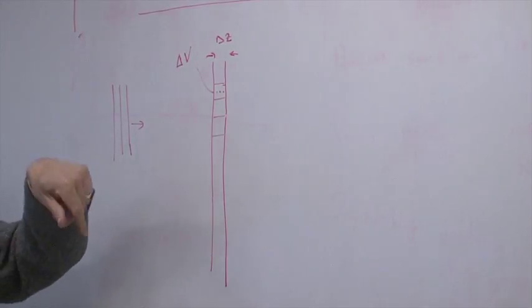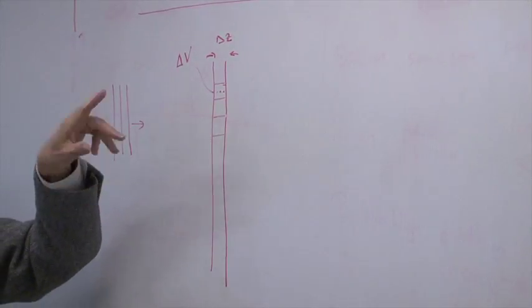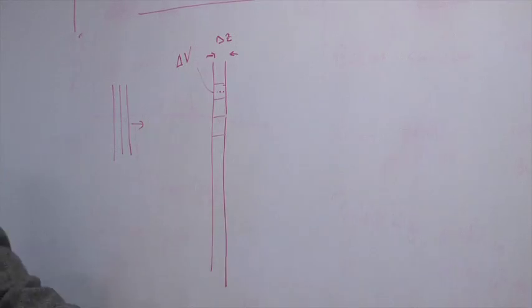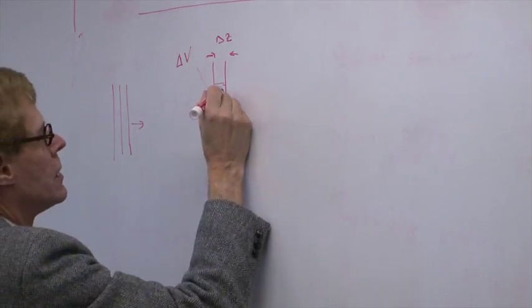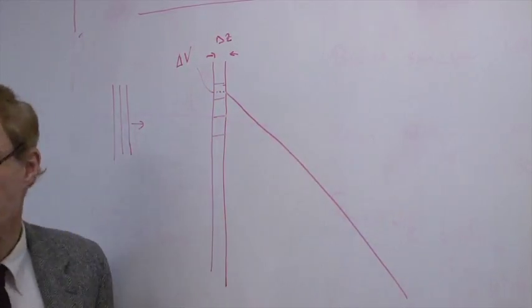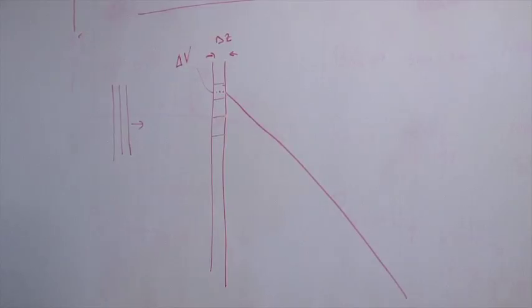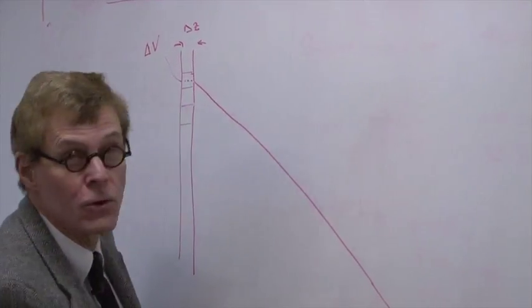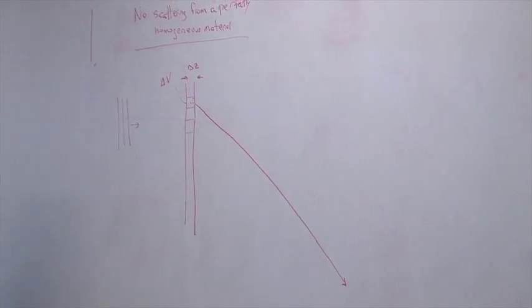Each molecule develops an oscillating dipole moment. An oscillating dipole moment will radiate in a dipole pattern. So some of the light would be scattered into every direction, and in particular into this direction here. So boy, it sure looks as if this will scatter light.